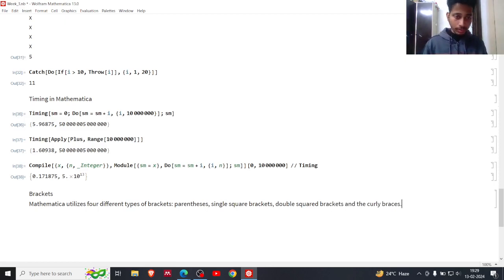Each different bracket has a different meaning and purpose.